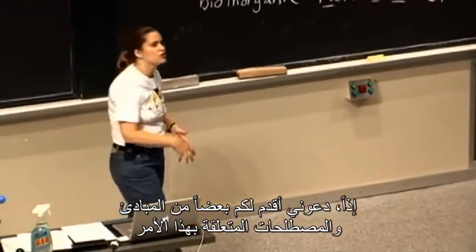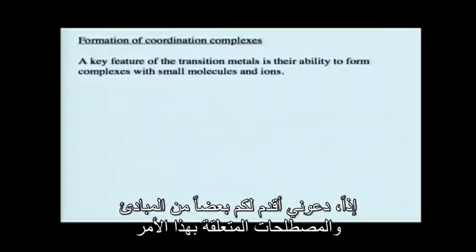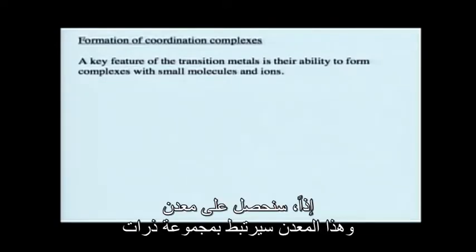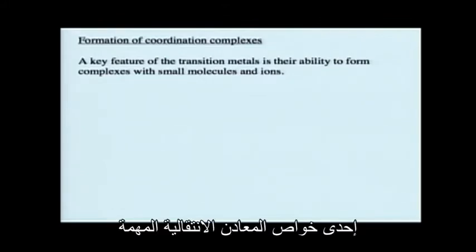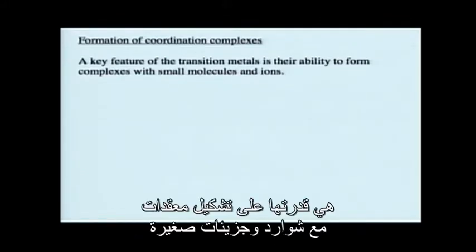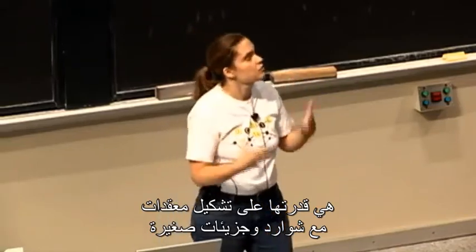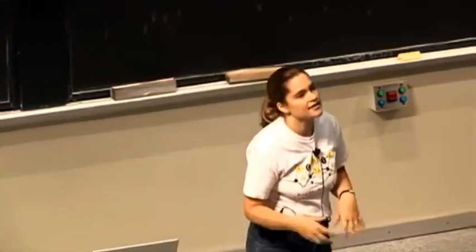So let me introduce you to some of the concepts and terminology involved in this. We're going to have a metal, and the metal is going to be bound to stuff. One of the great features of transition metals is their ability to form complexes with small molecules or ions.